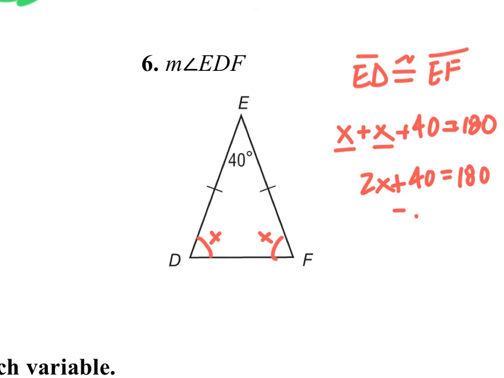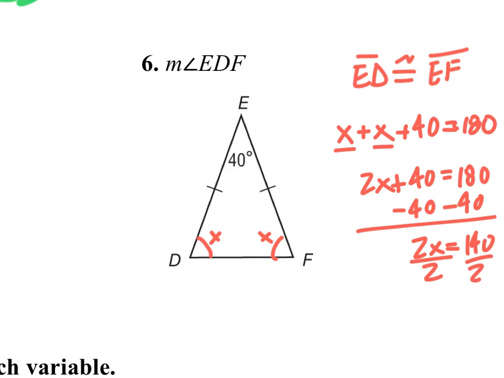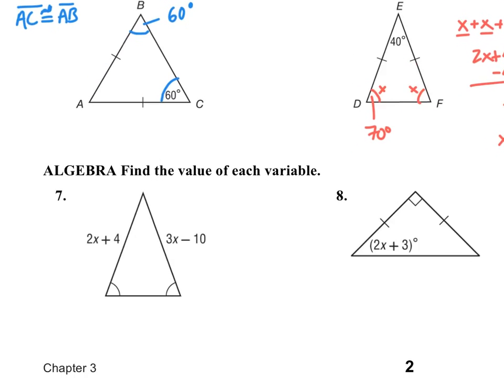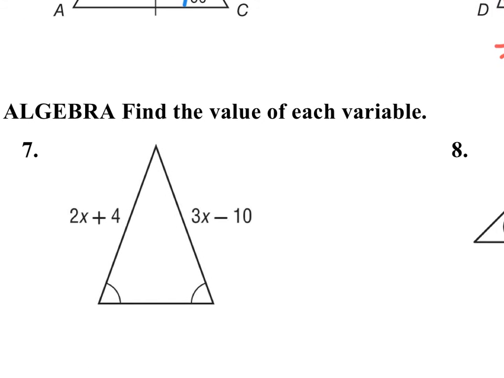I'm going to subtract 40 from both sides, and I get that 2x is equal to 140. Dividing by 2 on both sides, I get x is equal to 70 degrees. So this angle here is 70 degrees, so EDF is a 70-degree angle. Just given that little bit of information, guys, we can find out a lot of other information about the other problems.